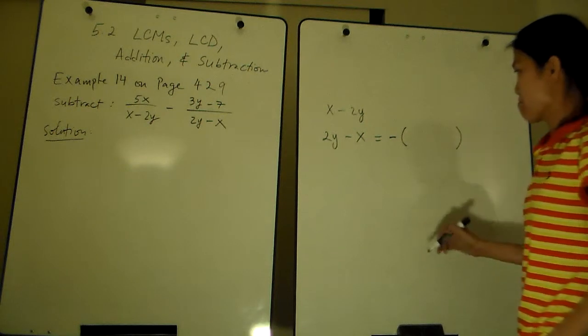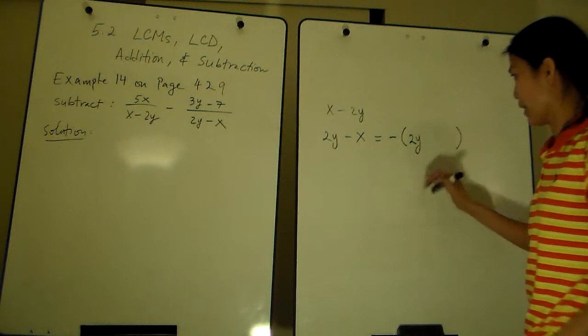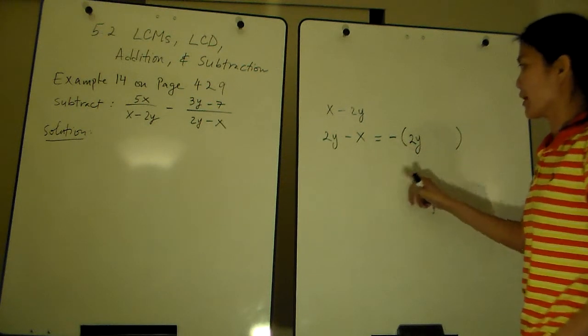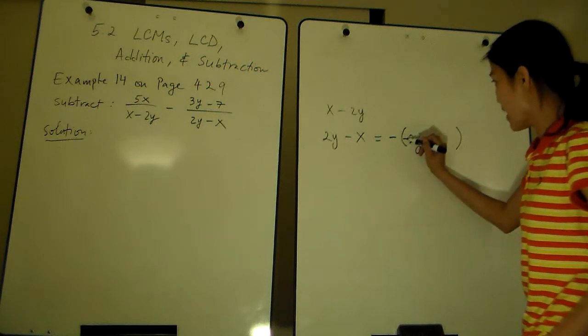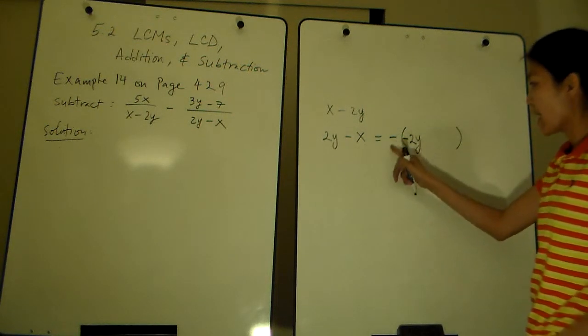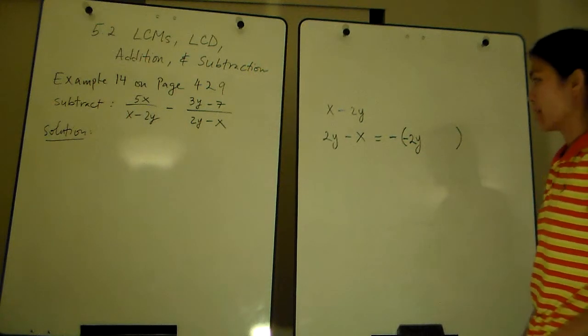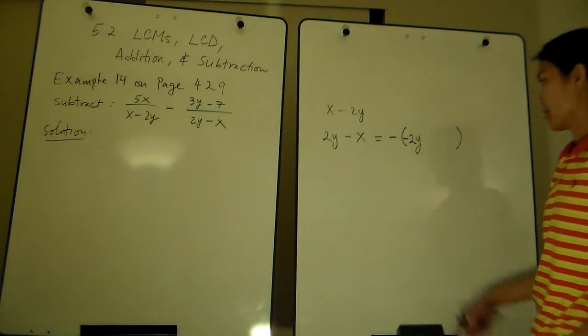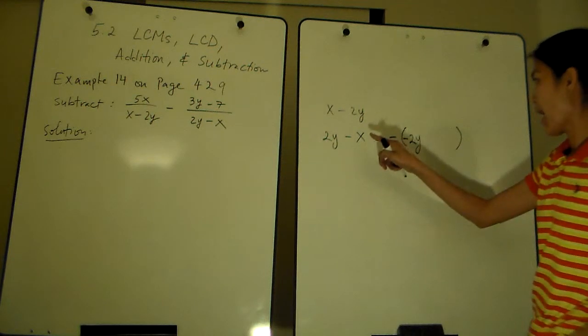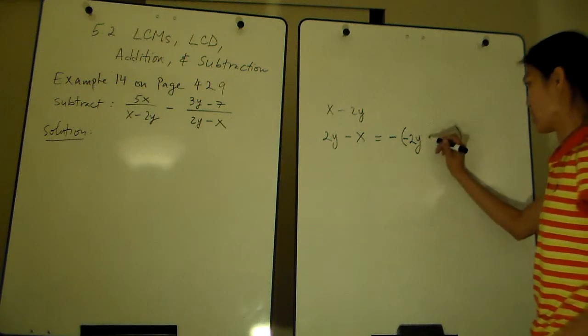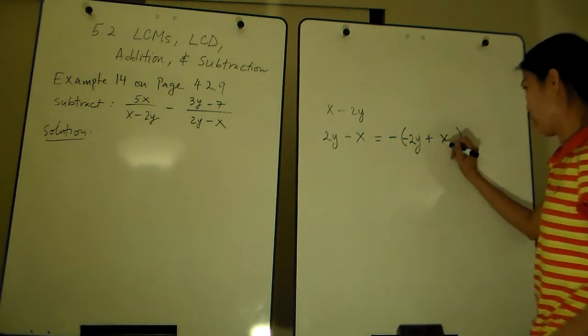I would have 2y here, right? Negative times 2y is, sorry, I have to have negative here, because negative times negative 2y is positive 2y. It's good to double check. So negative times what is negative x? Got to be positive x, right?